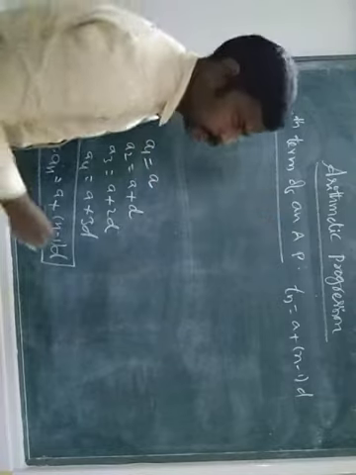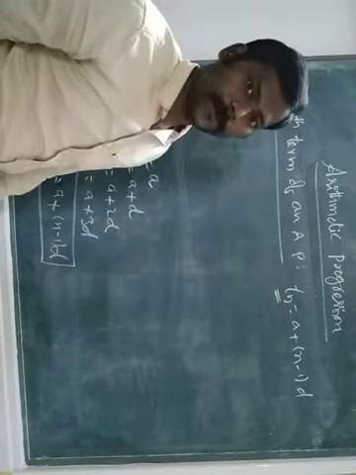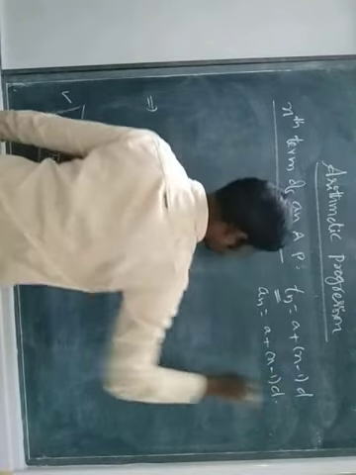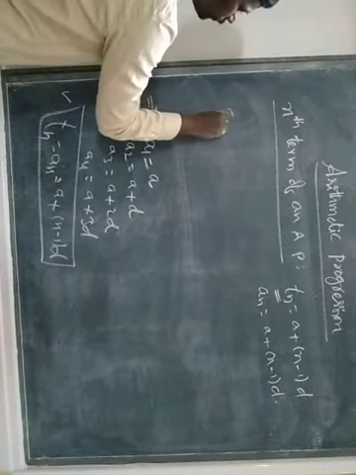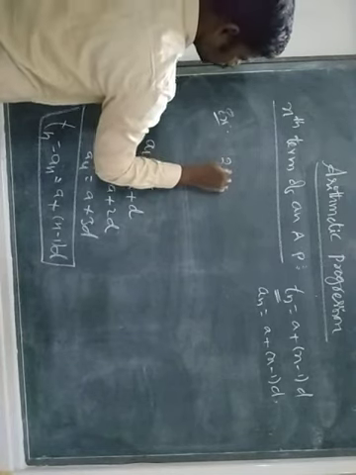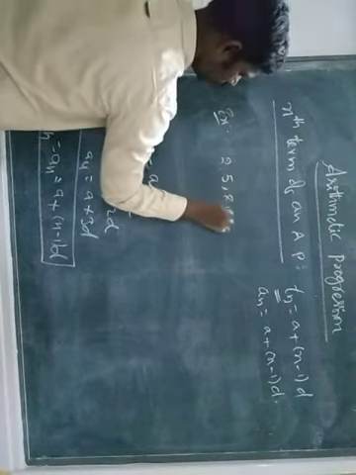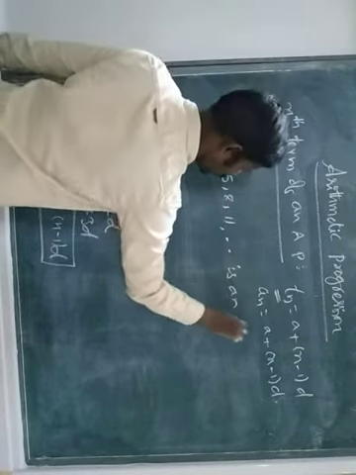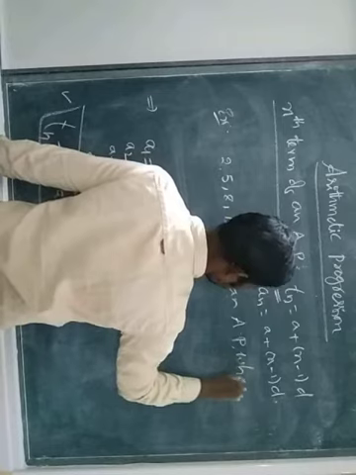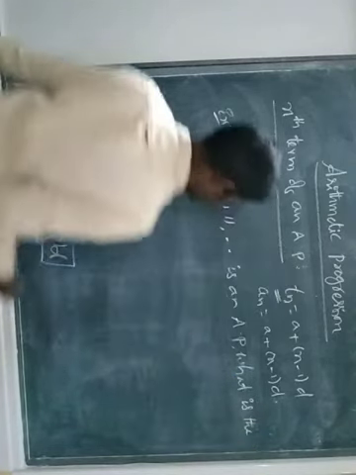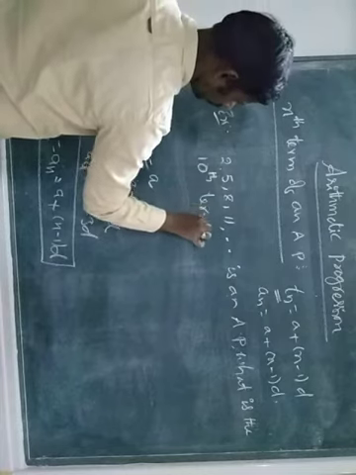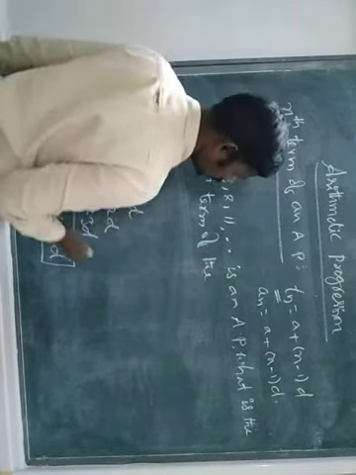Nth term of an arithmetic progression, Tn, is equal to A plus (n minus 1) into D. In some textbooks it is given as An equal to A plus (n minus 1) into D. For example, 2, 5, 8, 11 is an AP. What is the 10th term of the AP?